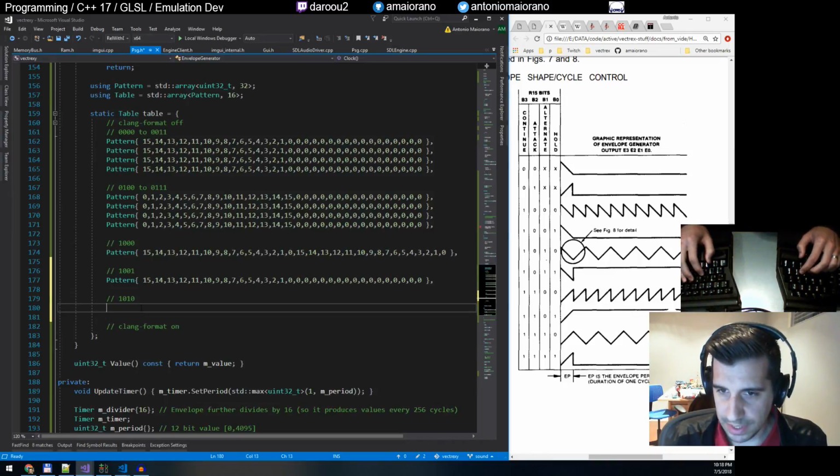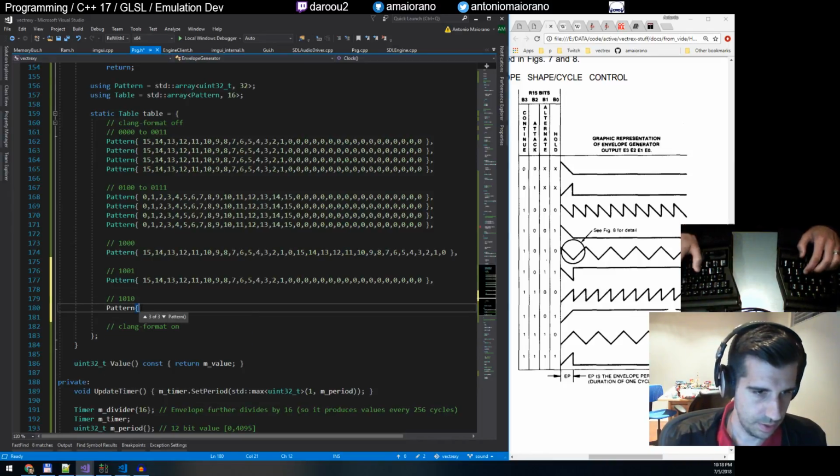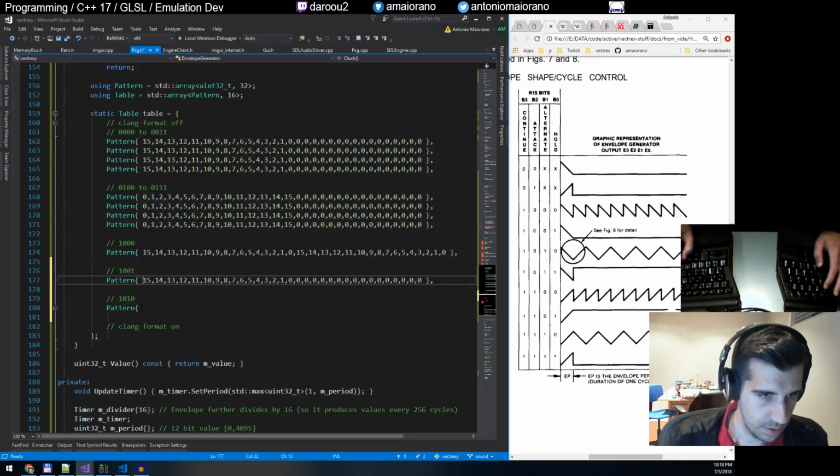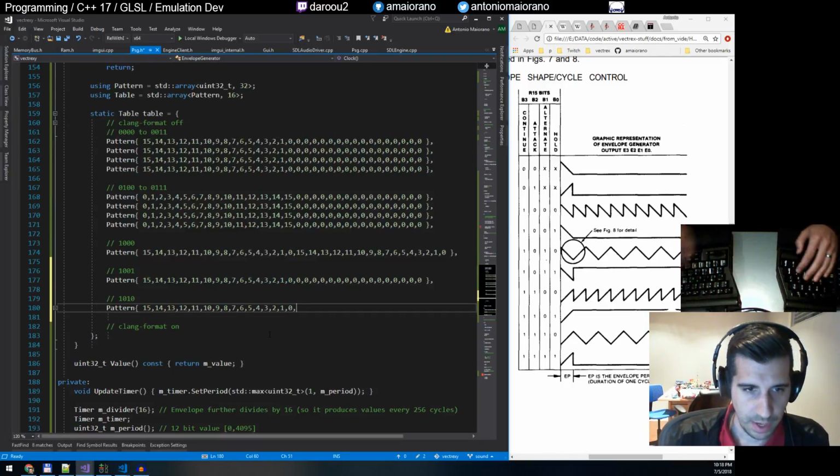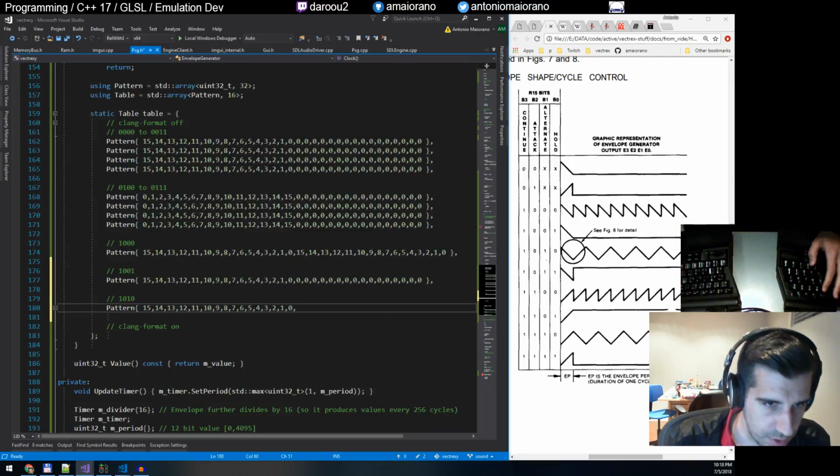So this one is down and then up. So 15 to 0, and then 0 to 15. I guess I don't have an up pattern yet. Yeah, it's the first time. Oh no, what am I saying?